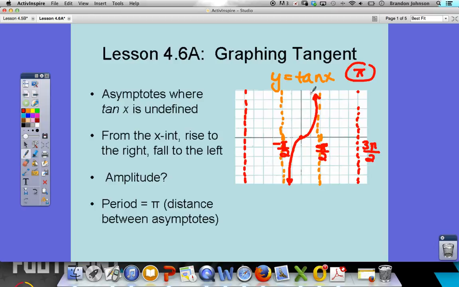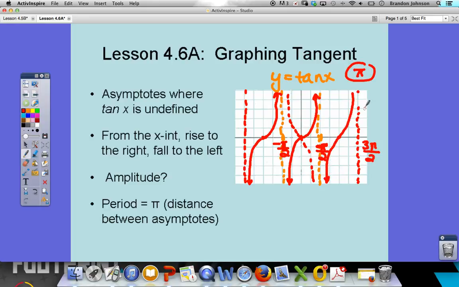If this is negative, it would shift: instead, it would fall to the right and then rise to the left. But we know it is positive in this case. So if it is positive, we continue, and it just repeats itself, rising to the right and falling to the left, just like so.